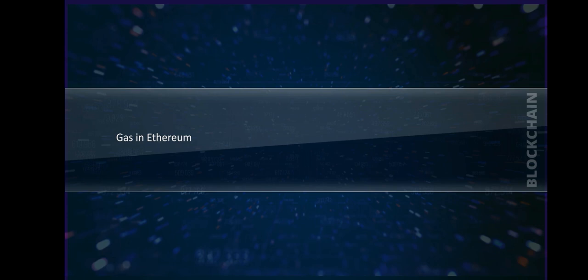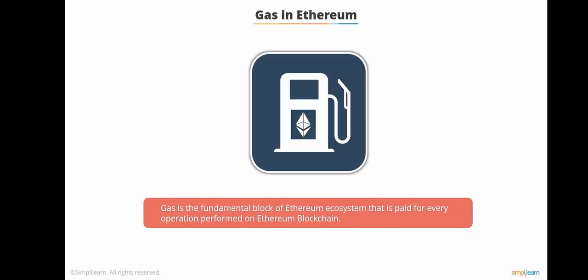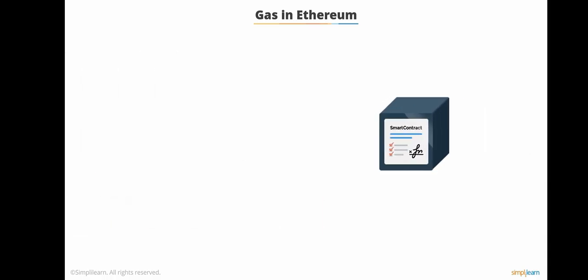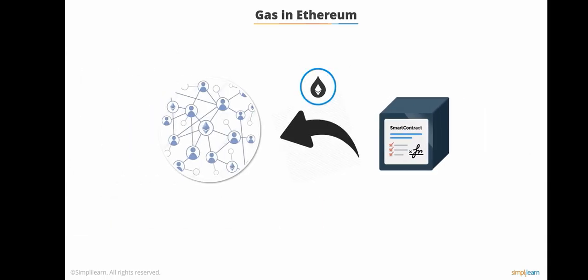Gas in Ethereum. Gas is the fundamental block of Ethereum ecosystem that is paid for every operation performed on the Ethereum blockchain. It is the crypto fuel for Ethereum. It can be considered a transaction fee, which has to be paid when one party sends ethers to another party. Even when a person deploys a smart contract on the Ethereum blockchain, a transaction fee needs to be paid for that as well.